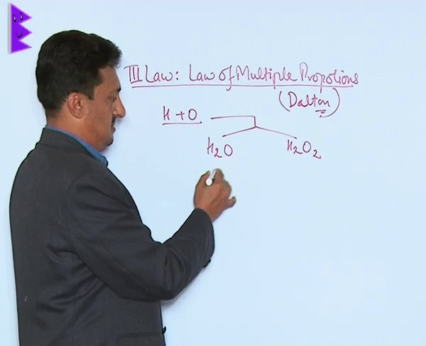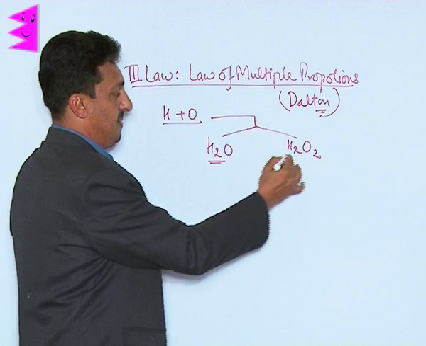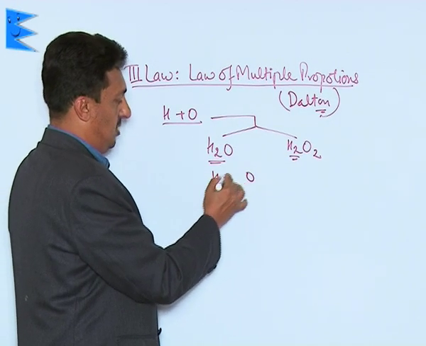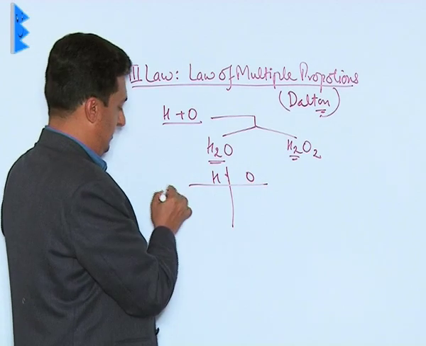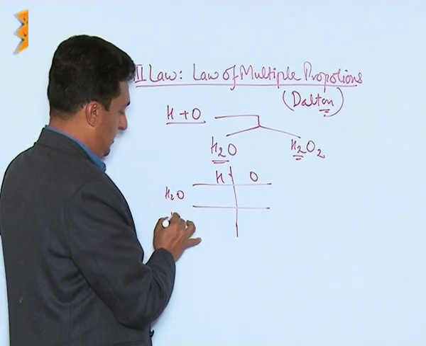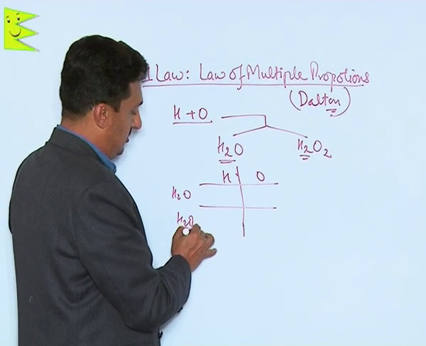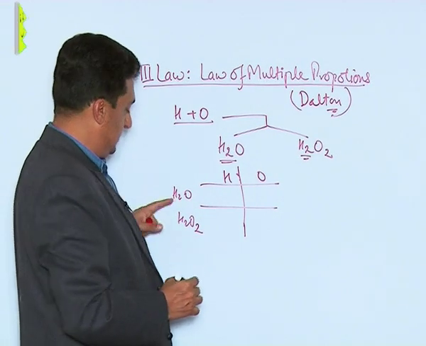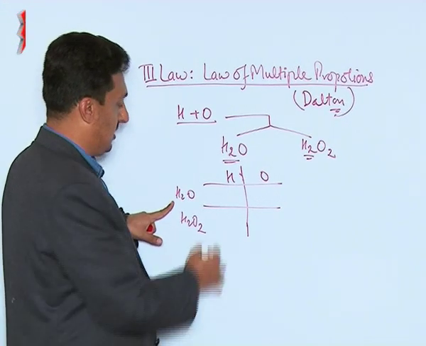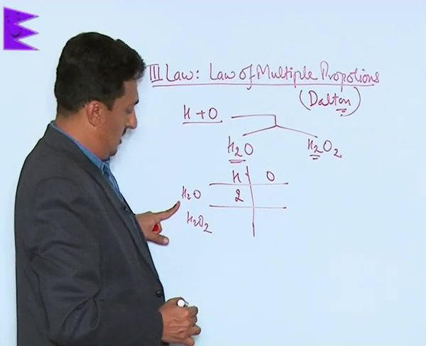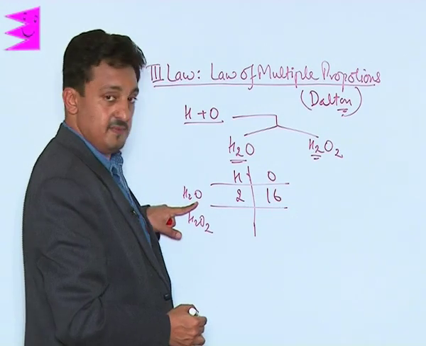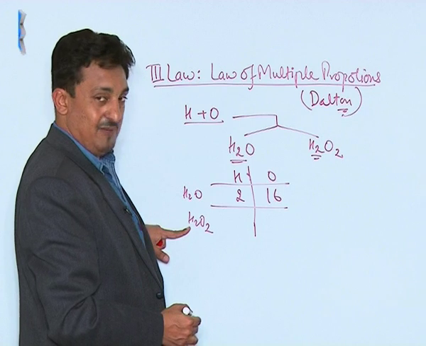If we take the ratio of hydrogen and oxygen in water and H2O2, what is the mass of the hydrogen in water? It is 2. And what is the mass of oxygen in the first one? It is 16.